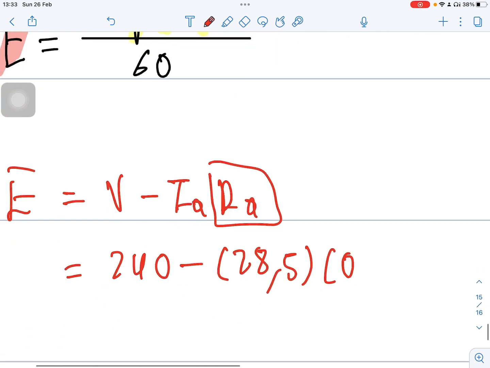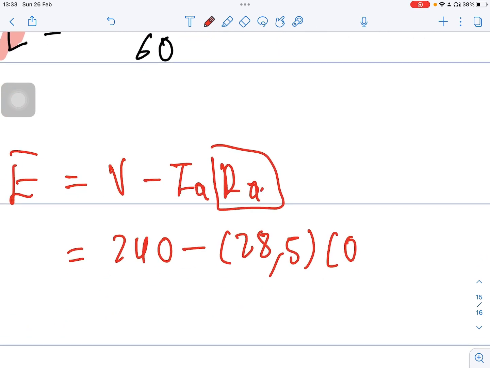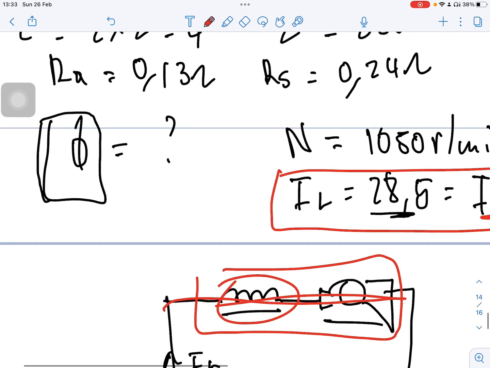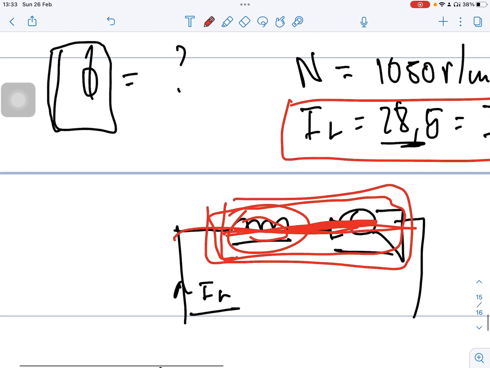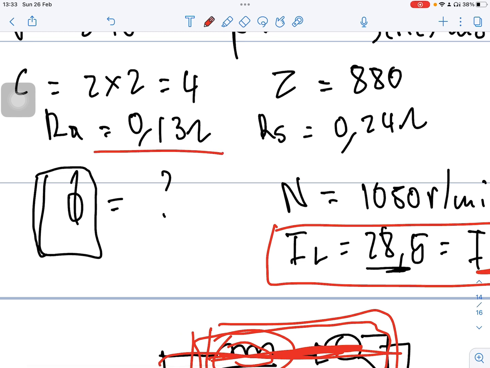So when I put in the value here, I must add both of them. I must add them because the armature circuit and the field winding are in one circuit, in series, so the field resistance adds to the armature resistance. They are connected in series with each other, in the same circuit.